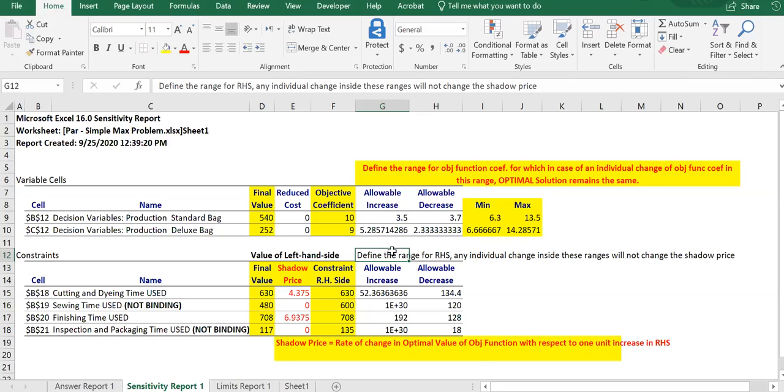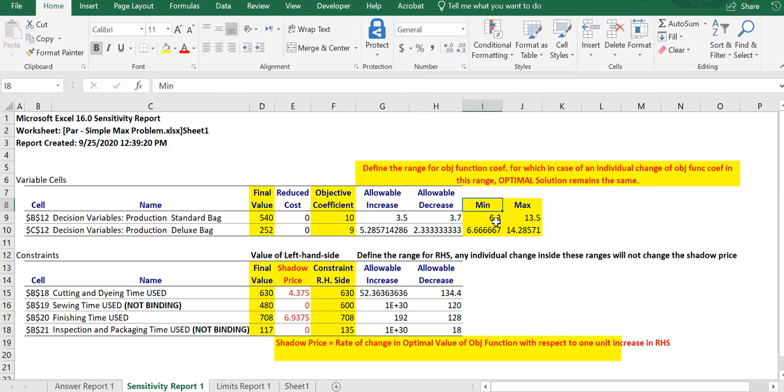So this is the insensitive range for the shadow price. As long as the right-hand side stays within the allowable range, the shadow price is going to stay the same.